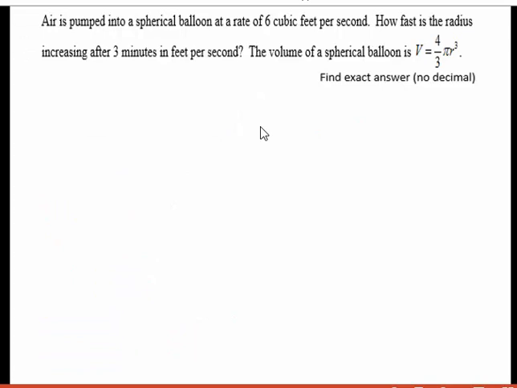Next, air is pumped into a spherical balloon at a rate of 6 cubic feet per second. How fast is the radius increasing after 3 minutes? Now the information is a little different. It did not give us exact measurements, but it says after 3 minutes, assuming that initially the balloon has no volume, we can say 0 volume.